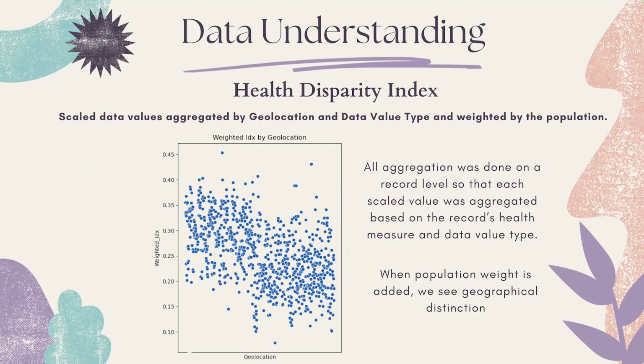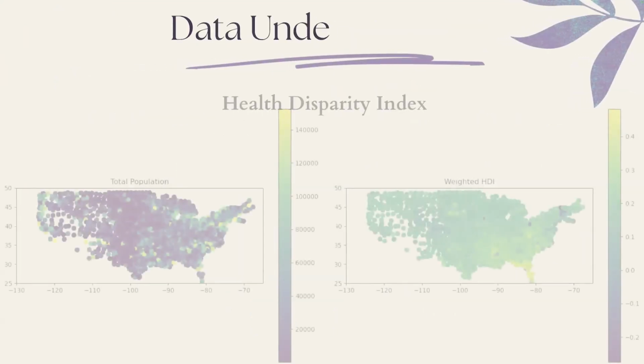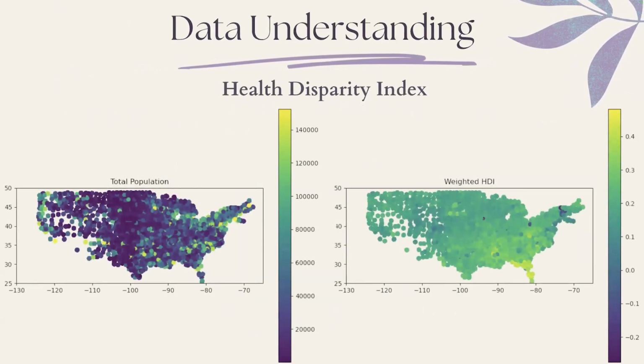And that's where we see a geographical distinction kind of start to form. And that would make sense if you think about urban versus rural areas. And we see that furthermore when we map the geolocation for total population and the index. You start to see that the higher the population, the lower the health disparity index.